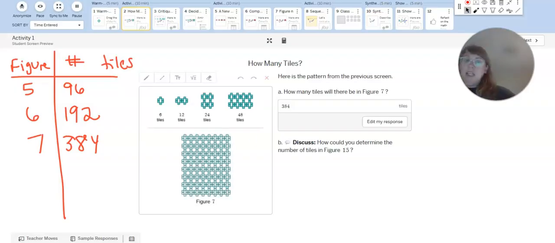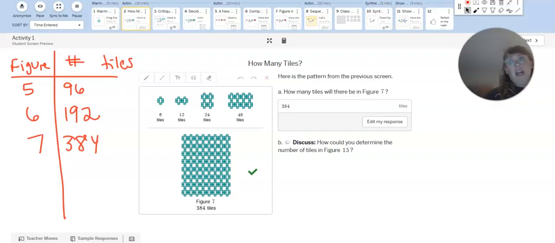We can type it in and hit try it. And it's filling in those tiles for us. Beautiful. So how could we determine the number of tiles in figure 15? Well, of course we could just keep multiplying until we get to figure 15. We'll have to do like 7 or 8 more multiplications to get to 15.